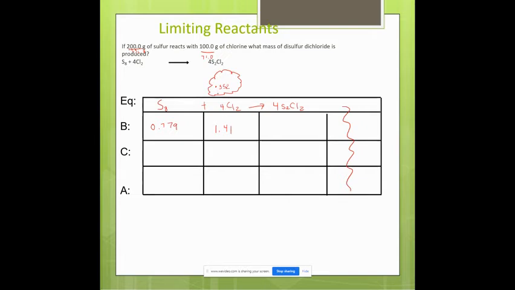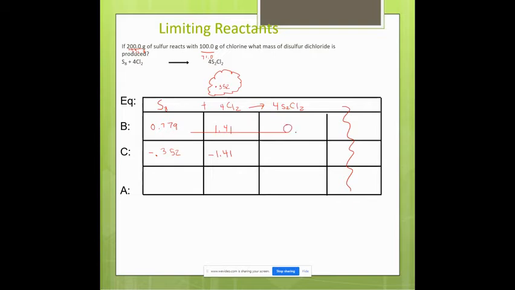So if I take this value and bring it down out of the cloud, I'm going to multiply by the 1 coefficient, and that's going to be 0.352. Then I'm going to take this down here, which would end up being 1.41. That's a subtraction there too.